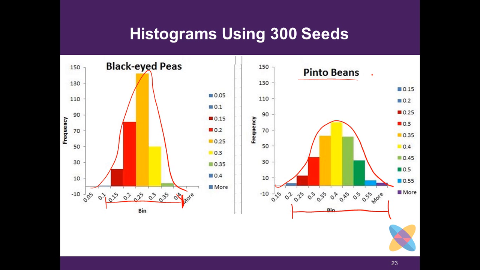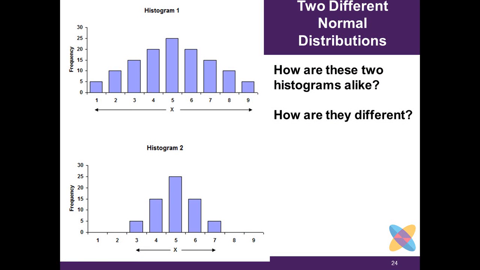So I want to show you an example of two different histograms. We have histogram 1 and histogram 2. Think of them as our black-eyed peas and our pinto beans. How are the two histograms alike and how are they different? Technically, yes, there's a space between the bars, but that is done just for clarity.